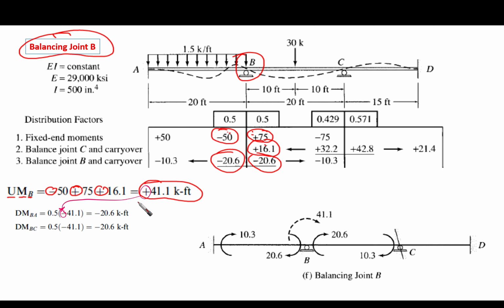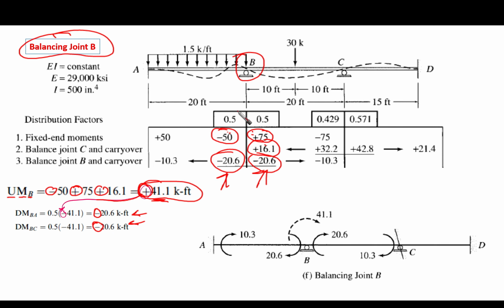Remember, this is the value of the unbalanced moment, which is positive. Without thinking, we are going to put it as negative when we put the resisting moment. For the balancing moment, if the unbalanced moment is 41, the balancing moment should be with the negative sign. How much?